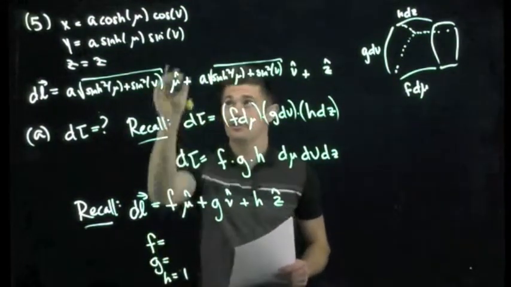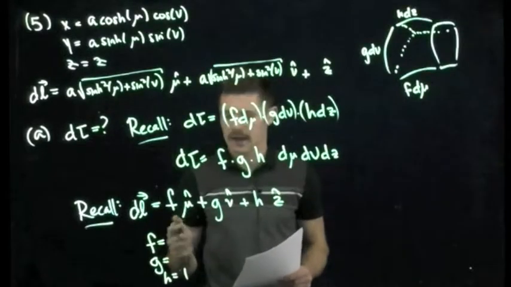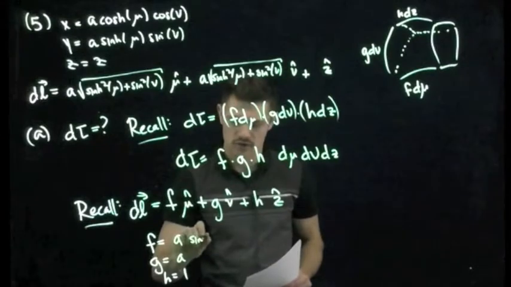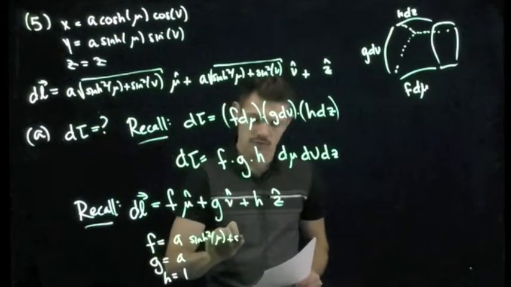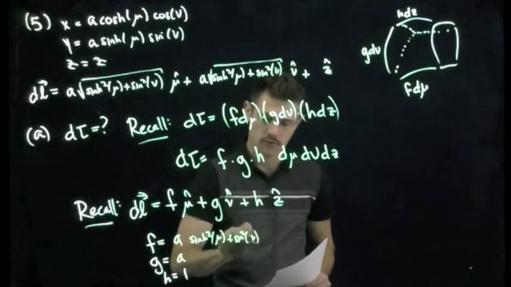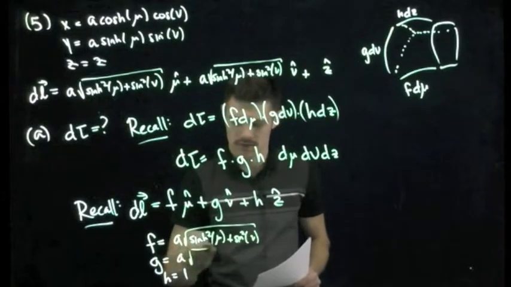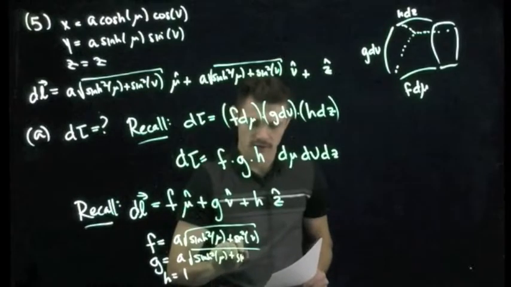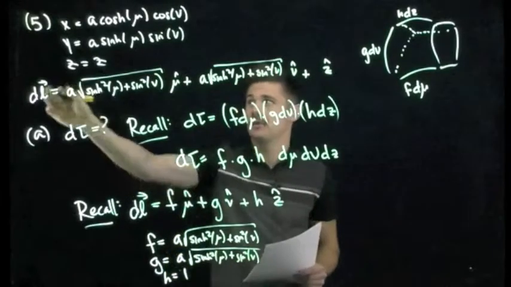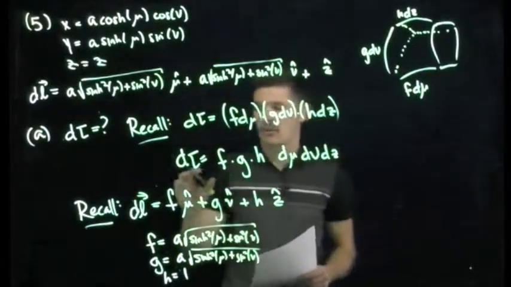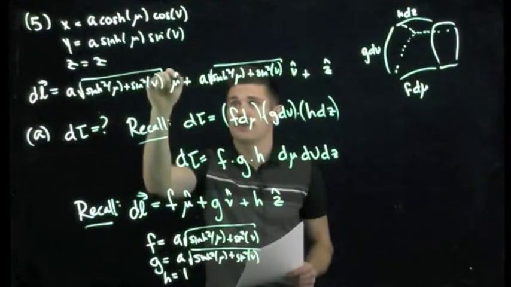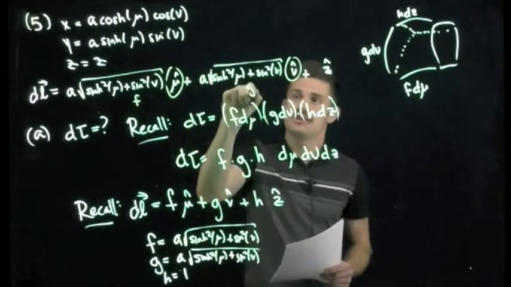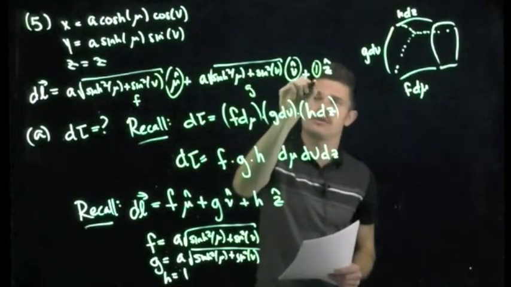So of course h is just 1 because we have no factor in front of z hat, and f and g will be the same, the square root of sinh squared of mu plus sine squared of nu, times a. I just read these values directly from the line element given in the problem, remembering that because we have our mu hat here, this is f, our nu hat here, this is g, and there's just a 1 here, which is our h.